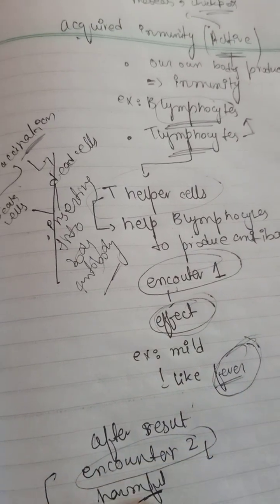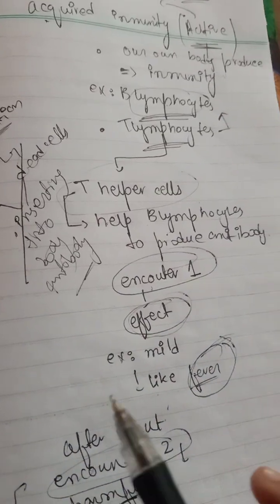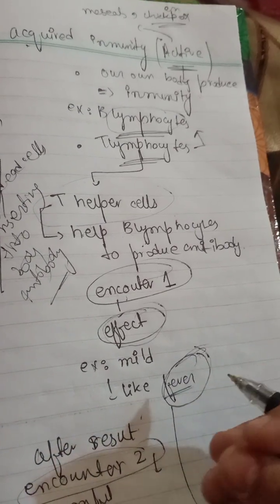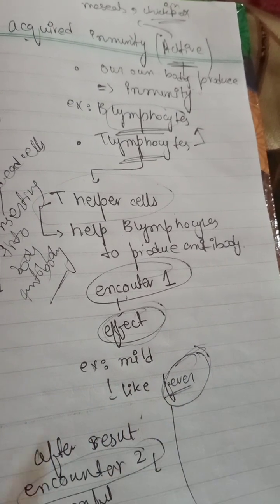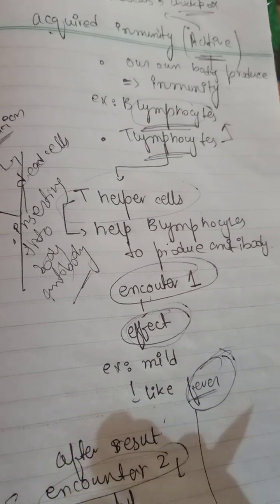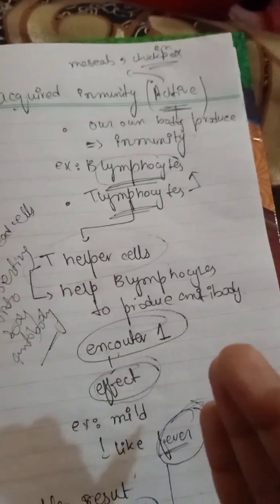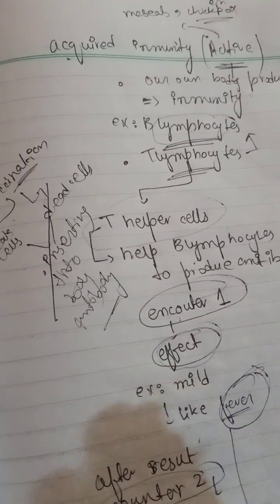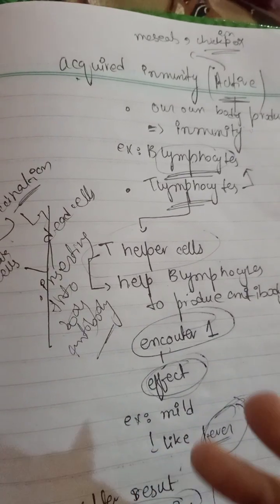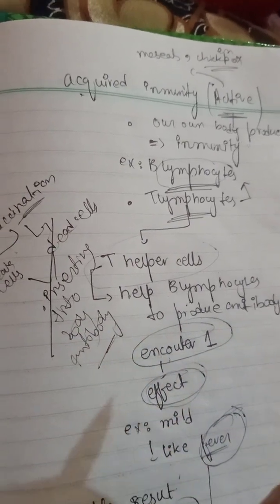The memory cells store the information about the invader. The first time, we inject dead cells by vaccination for prevention. We give the vaccination before the disease, so it changes the internal environment.